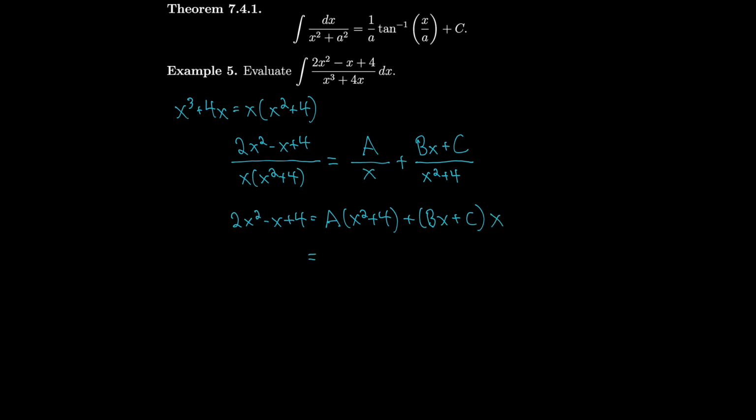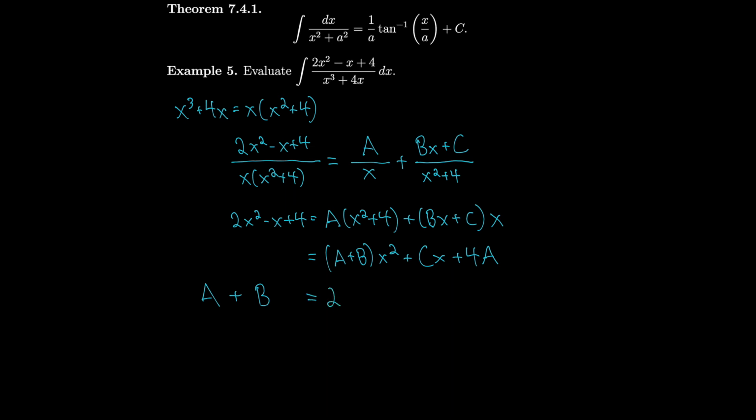So let's group together all of our x squared terms. We get a plus b times x squared. And we group together all of our x terms. We get c times x. And just 4a is all that's left. So that means that a plus b must equal 2. I should actually leave a space for c.